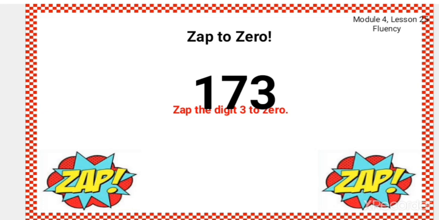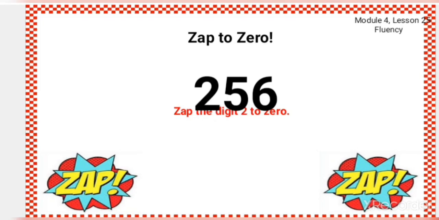What if I now go further and say zap the digit 3 to 0? That simply says 173 minus 3, and my answer will be 170. Let's go further. Now, this is 256.